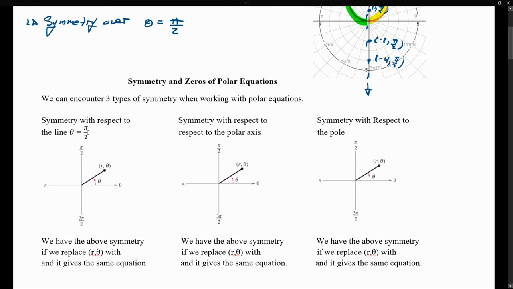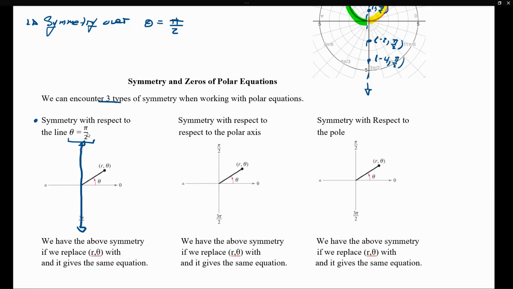Well, there are three types of symmetries that we will encounter when we look at polar equations, and we're going to talk about them now. The first type of symmetry is the one that we did in the introduction, which is a line of symmetry with respect to the line pi over 2. So this is the line of symmetry that we're referring to, pi over 2.